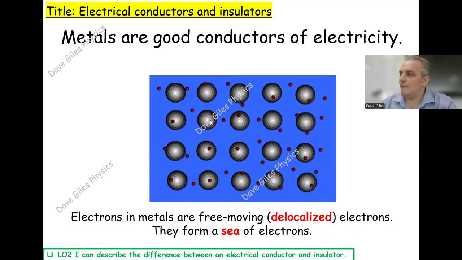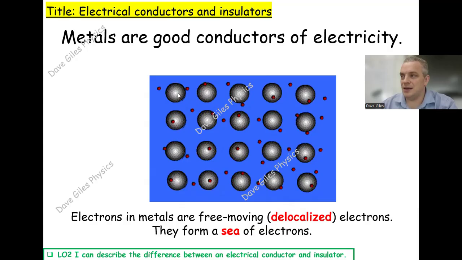In a metal, you get both the atoms, or rather ions, here. These big ones are the ions, and the small ones here are the electrons. They both vibrate and pass the energy along, which is what the current is, the flow of charge.